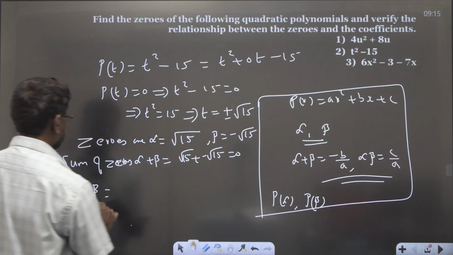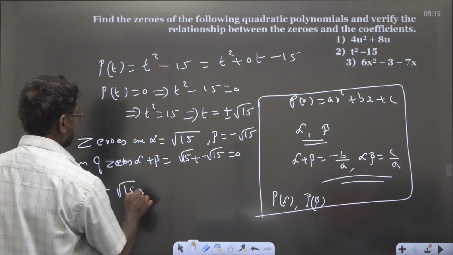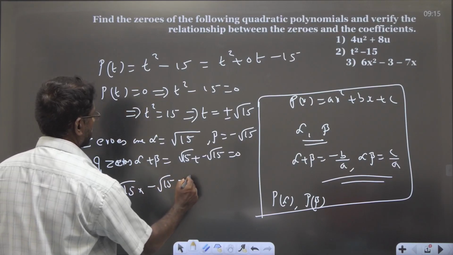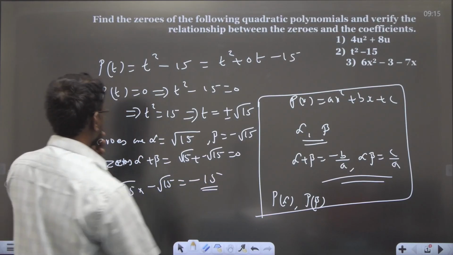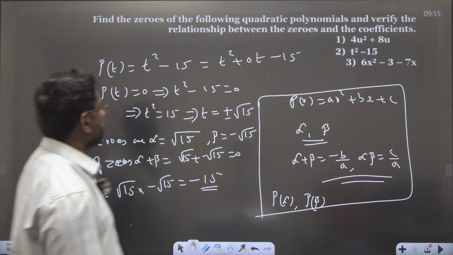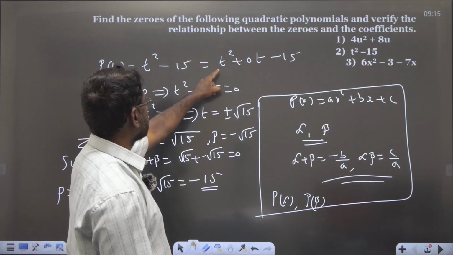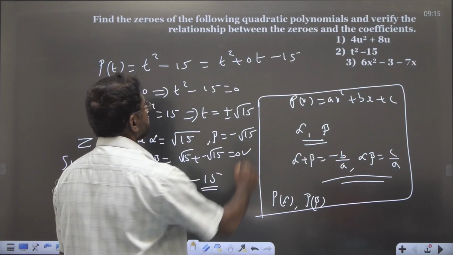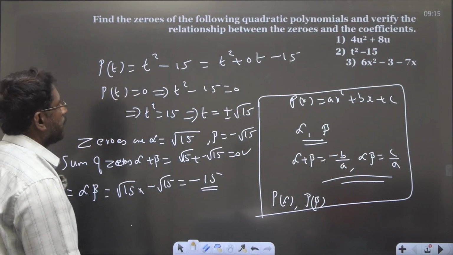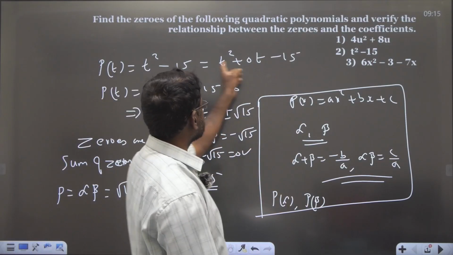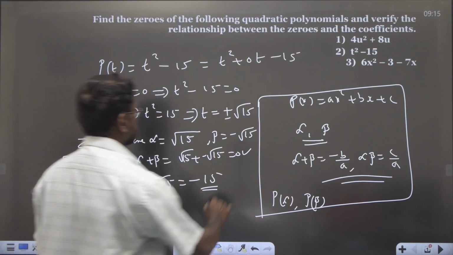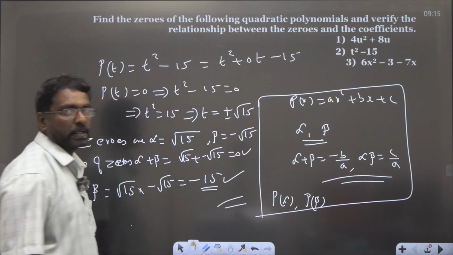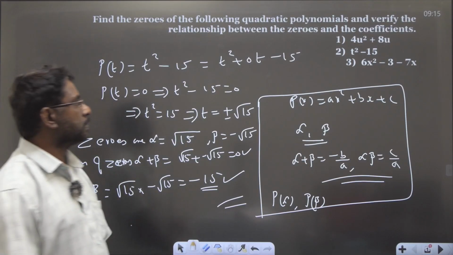Root 15, so root 15 into minus root 15 is minus 15. This is the product. Directly, alpha plus beta is minus b by a, that is 0 by 1, which is 0. That is correct. And alpha beta is c by a, minus 15 by 1, that is minus 15. That is also correct. Okay, this is the method.